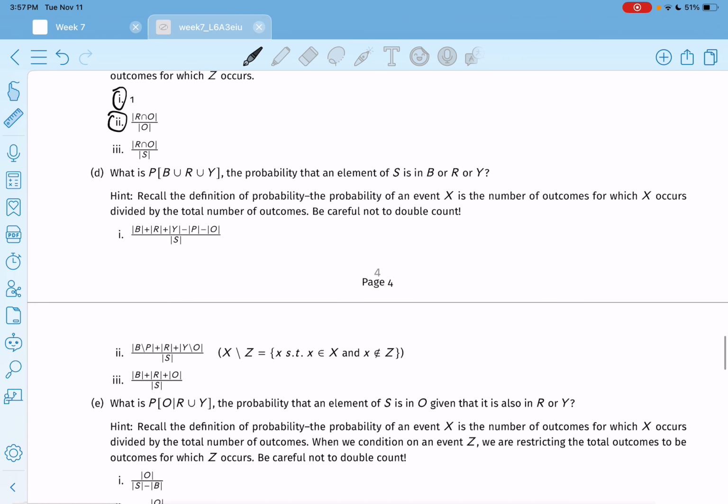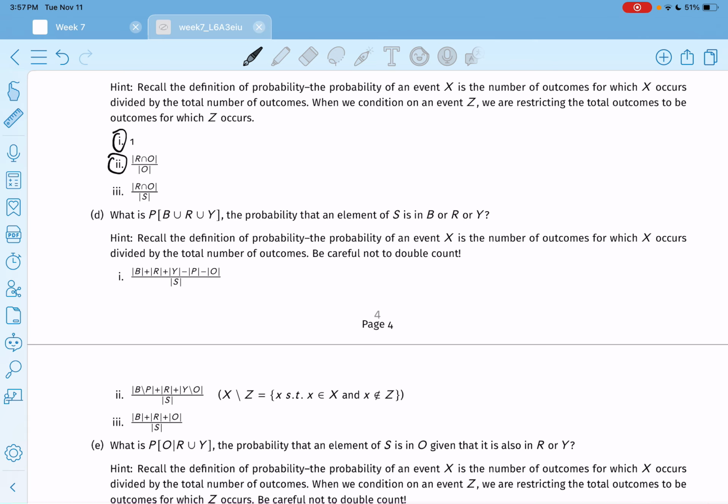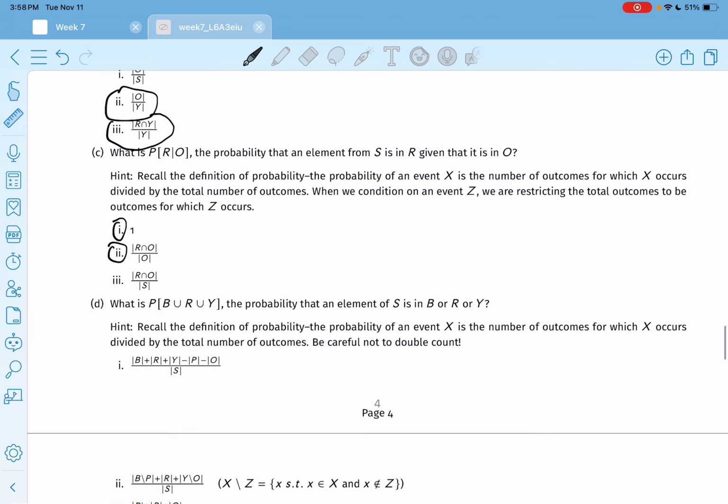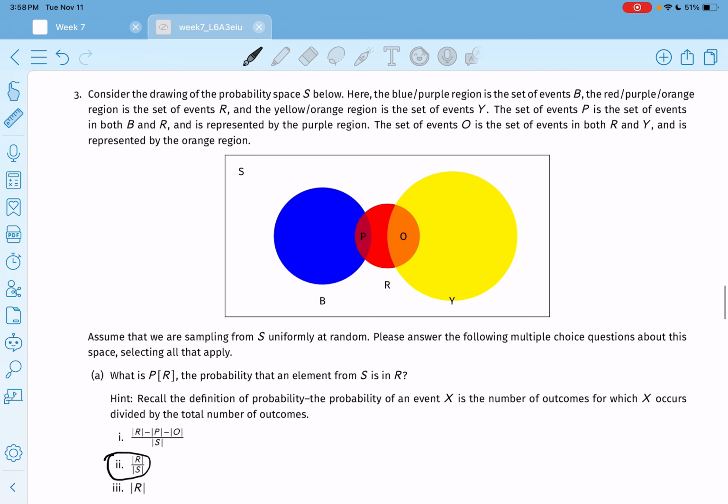Now part D. What is the probability P of B union R union Y? Actually, this one is a little tricky. The first thing we can use is the inclusion and exclusion formula.